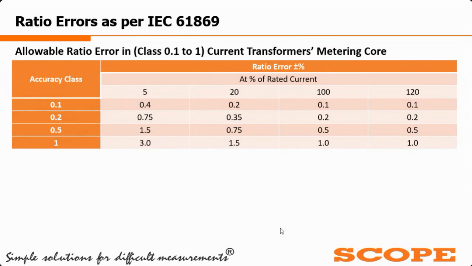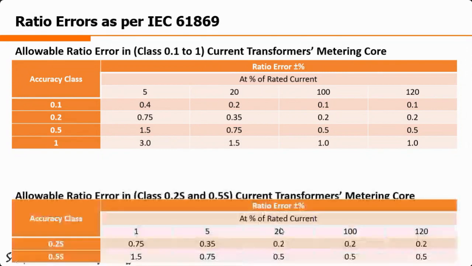Similarly, for 20% of rated current, 100% of rated current, and 120% of rated current, IEC has given guidelines. After the CT ratio testing, we need to refer to these IEC guidelines, and accordingly we can check the relationship between primary current and secondary current by checking the ratio error.